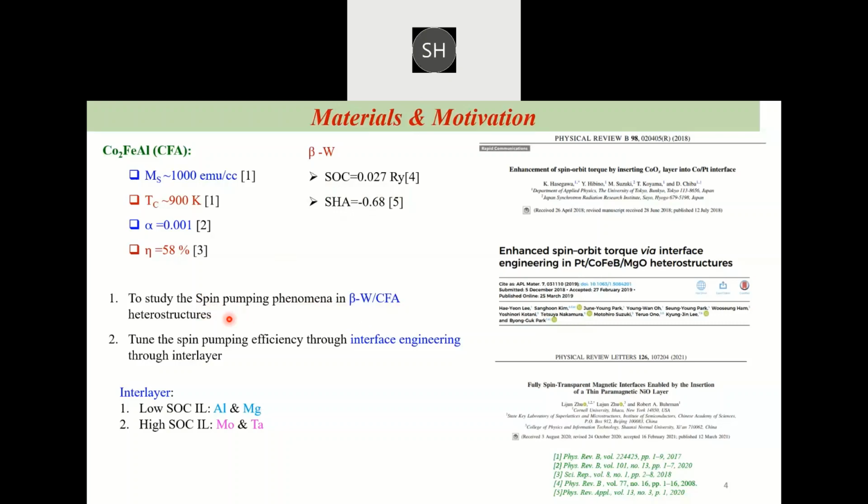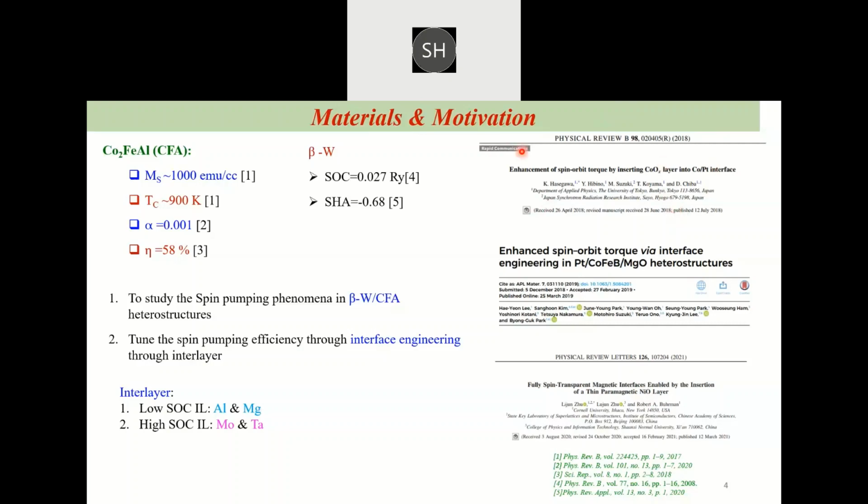After that, our motivation was to tune this spin pumping by using different interlayers. There are reports in which people have used different interlayers in mainly Pt-based ferromagnet/heavy metal heterostructures, and they show that using an interlayer they have enhanced the SOT efficiency.